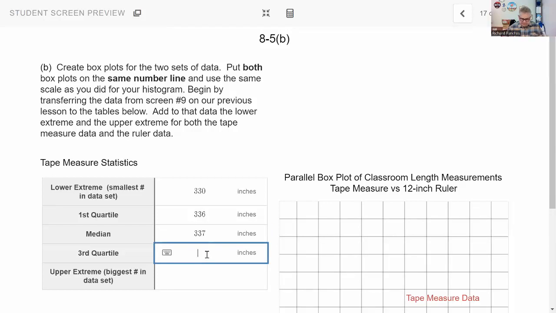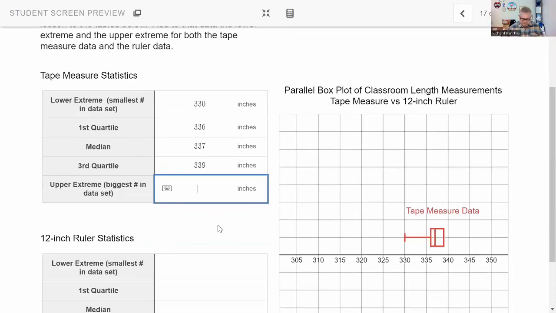The upper quartile was 339. And the upper extreme, that was 341. And you'll see we get this nice tape measure data right here. This is our box plot for the tape measure. Not very much spread there, and 50% of your data right here in between the quartiles are pretty tightly packed.